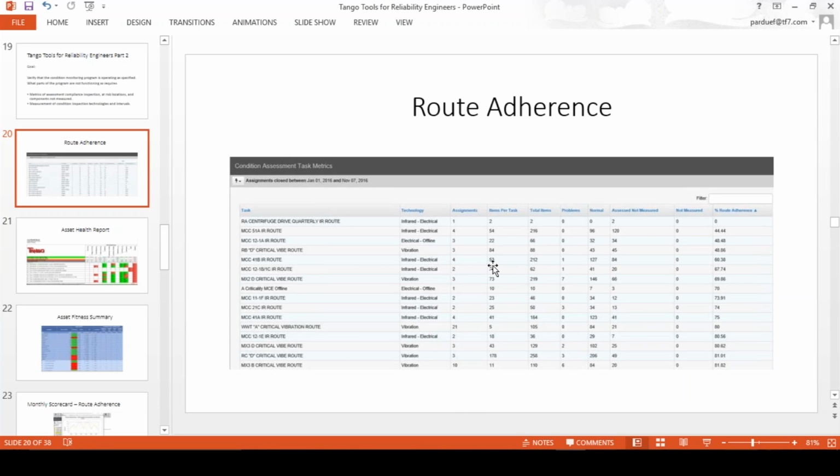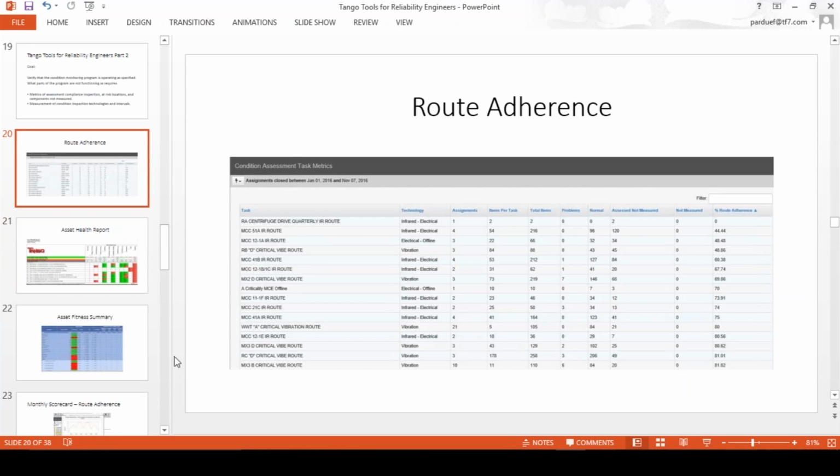It has 53 items on the task for a total of 212. 127 were normal. 84 of them were assessments not made, for a percentage of 60% that were assessed. So that's telling me that for that route, for the 4 times it's been measured, I've only gotten 60% of what I said I was going to measure.